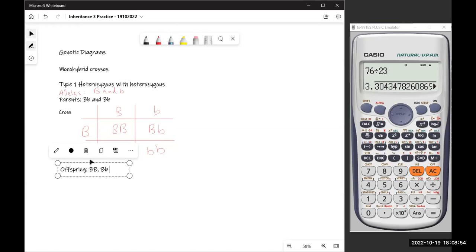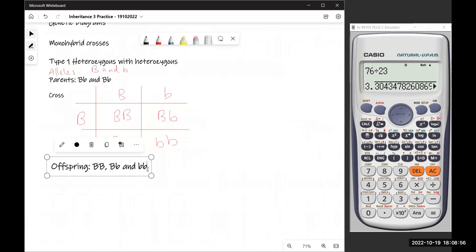These. Ratio is, or let's say phenotype, if I say the capital B is for black, and small b is for brown.